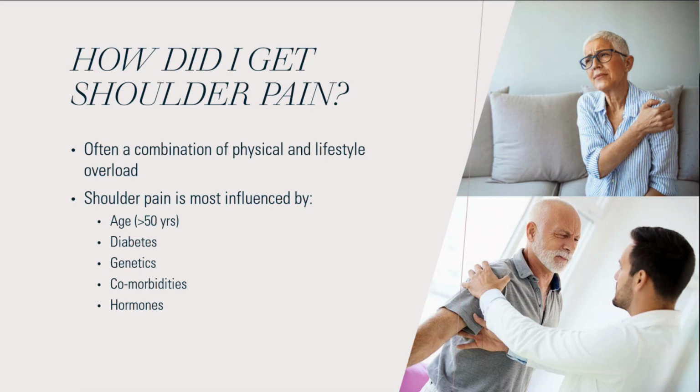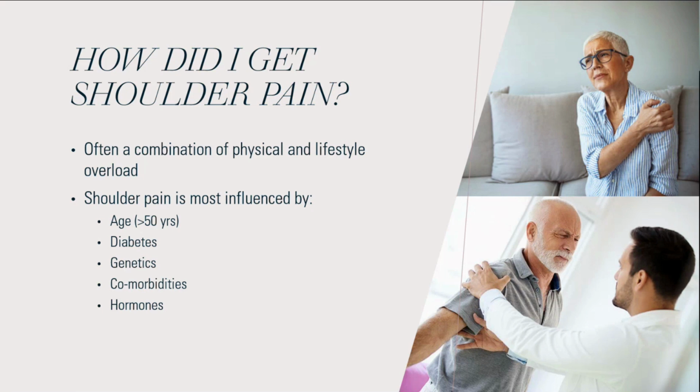Research has shown that the single biggest risk factor for developing shoulder pain is turning 50. Again, this is just because as we age, the tendons don't tend to have a great blood supply and they don't bounce back and recover as easily as they can when we're younger. The second biggest risk factor for developing shoulder pain is having diabetes.